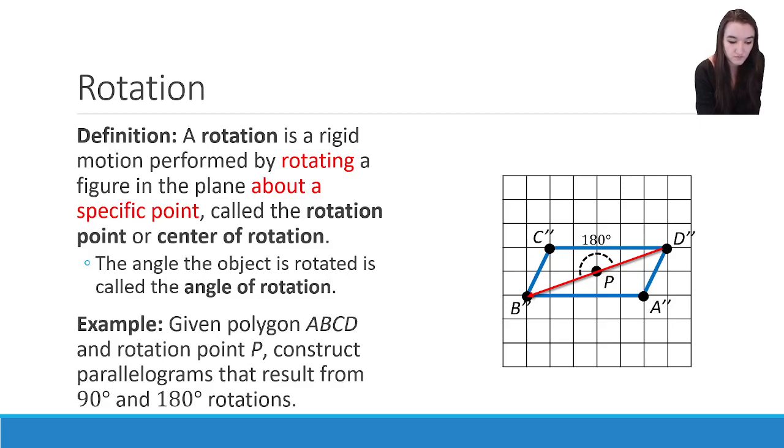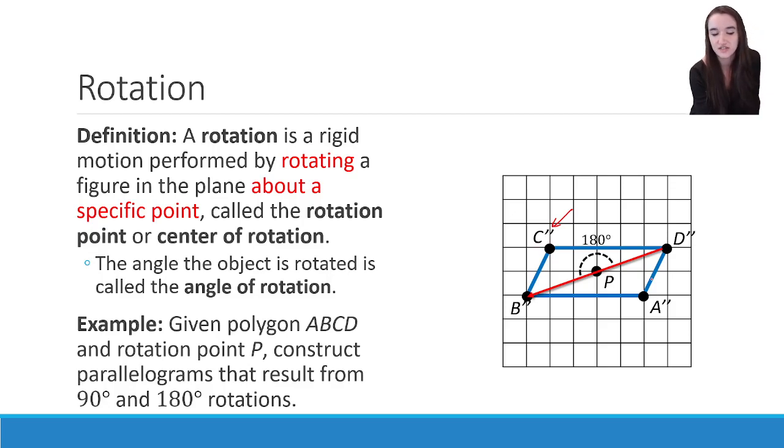Once we have this shape, we want to remember that we need to label it. The previous one was A prime, B prime, C prime, D prime. The new one, we just put two little apostrophes to call this C double prime, A double prime, D double prime.